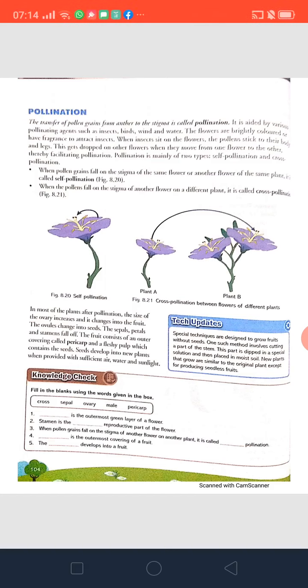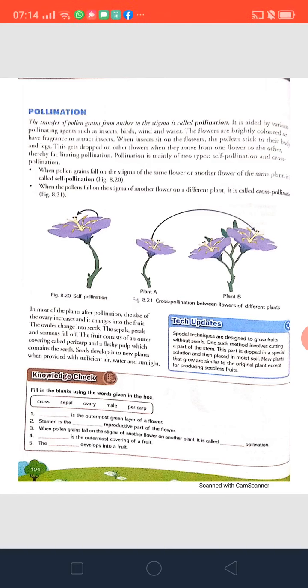The transfer of pollen grain from the male anther to the female stigma is known as pollination. It means transfer of the male gamete to the female gamete. It is known as pollination.